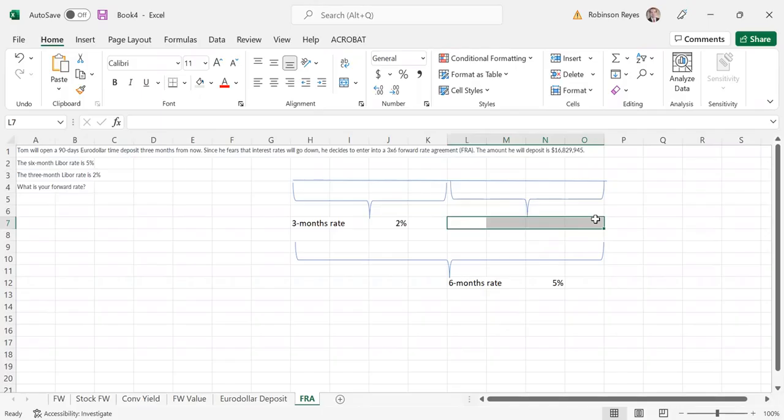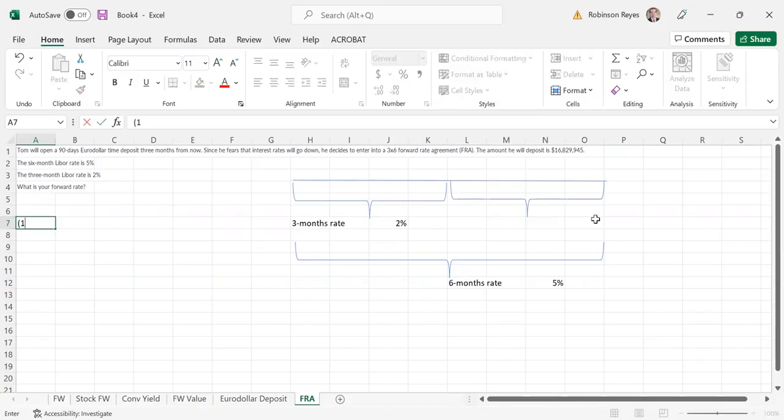So then what we can do is we can lock this rate with a forward rate agreement so that we eliminate, we resolve this risk that this interest rate may go down. The way to do it is using the formula, which is in essence 1 plus the longer rate divided by 1 plus the shorter rate.